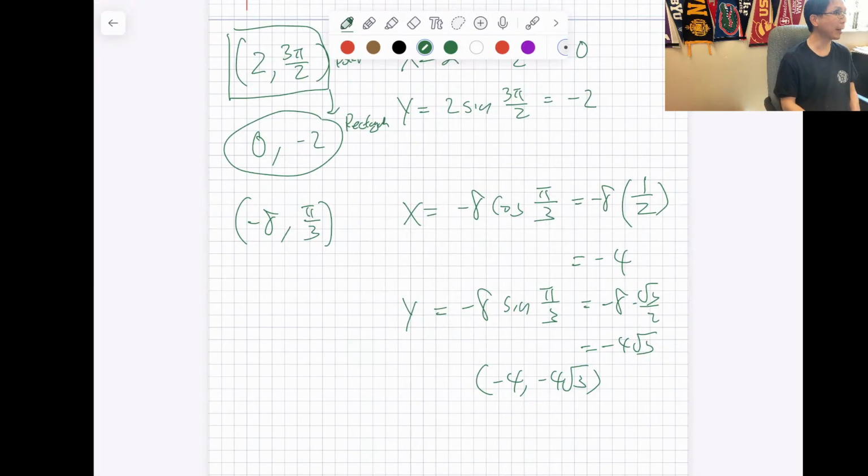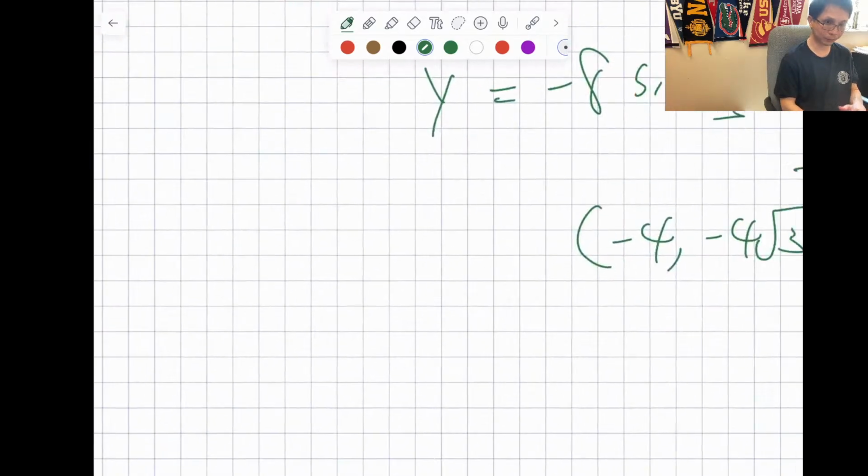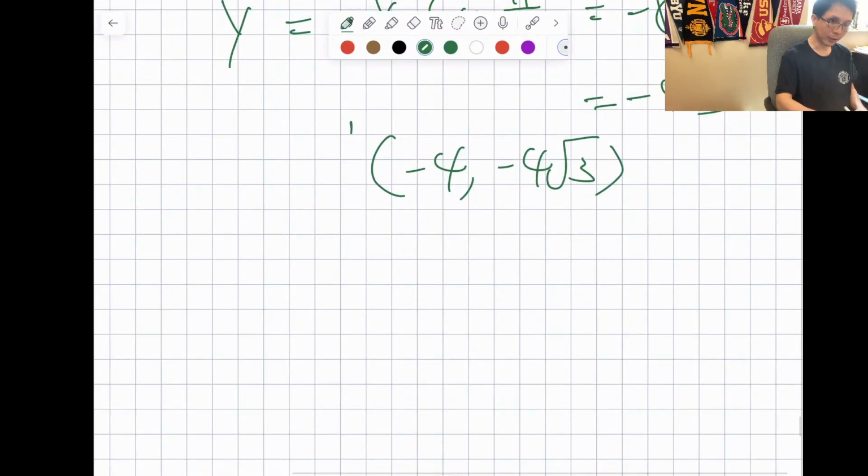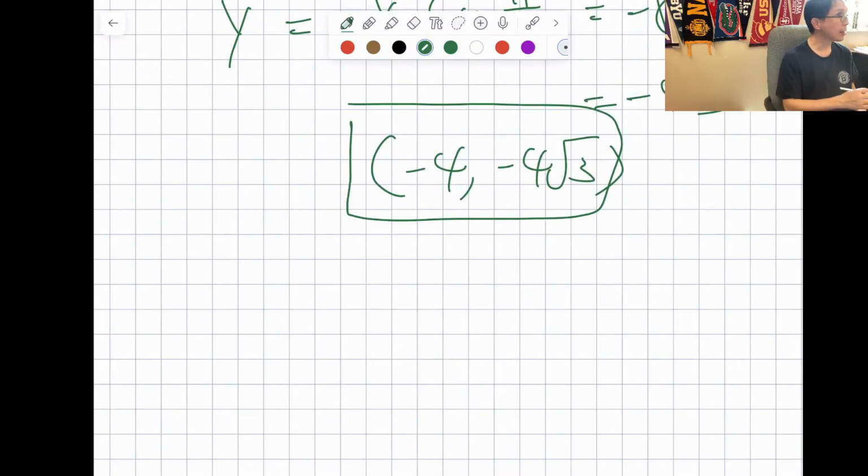Now here's my next question. I have a rectangular coordinate right now. How do I convert back to polar? Which equation am I going to use the second time?